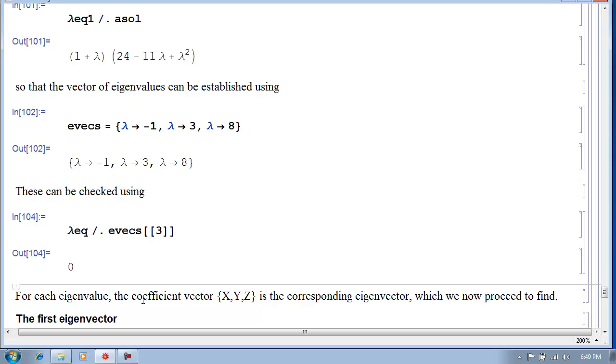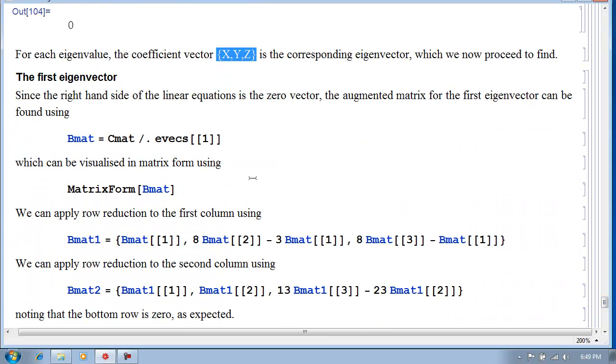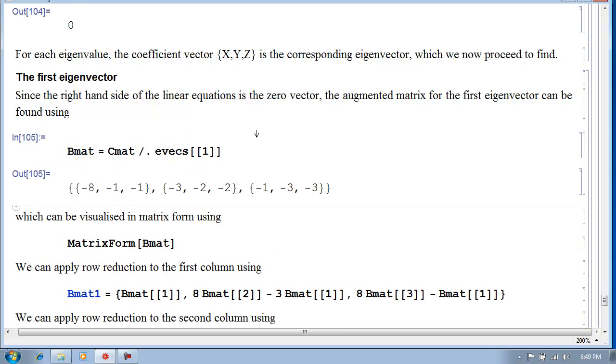And for each of these eigenvalues, the coefficient vector x, y, z is the corresponding eigenvector, which we now proceed to find. So let's find the first one. So we take the coefficient matrix and we replace lambda by the first eigenvalue. We can do that using this.